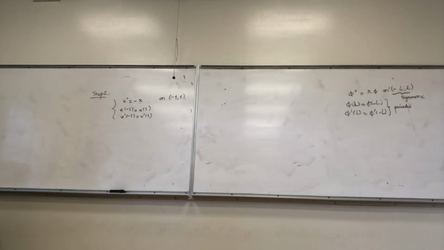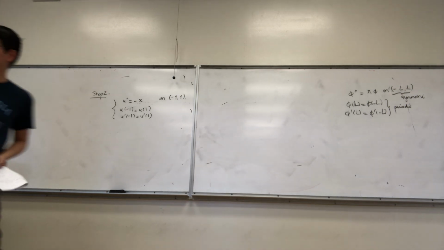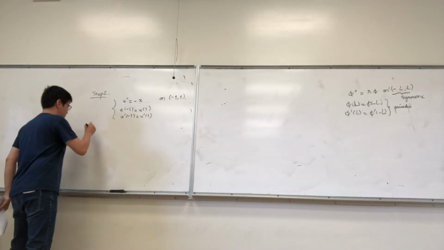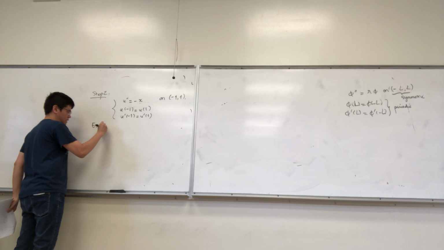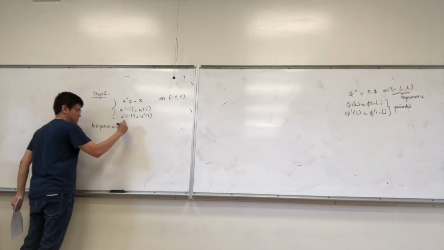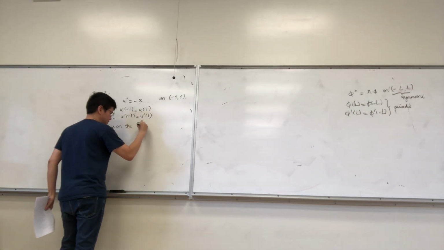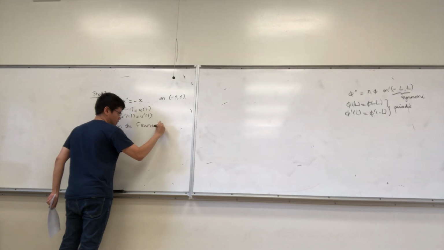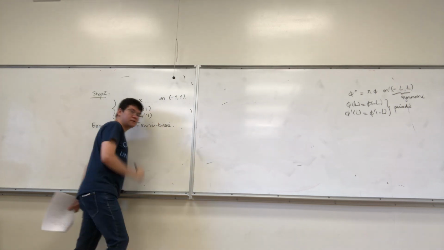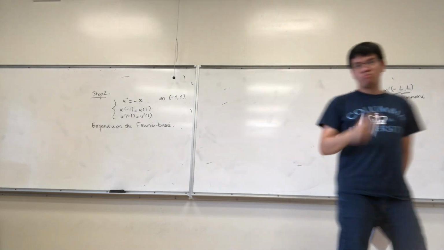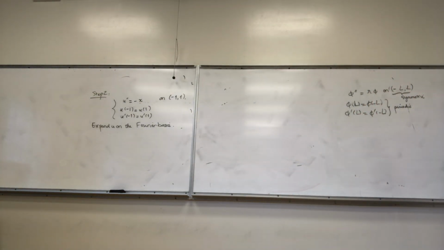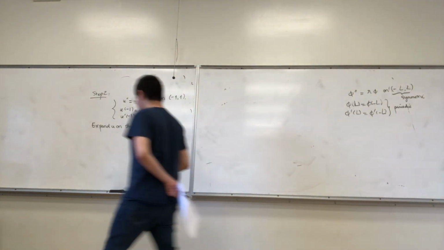Expansion. Yes. So you do the expansion, right? Expand u on a Fourier basis. Questions? Right, so I'm going to expand u on a Fourier basis, which is the following.